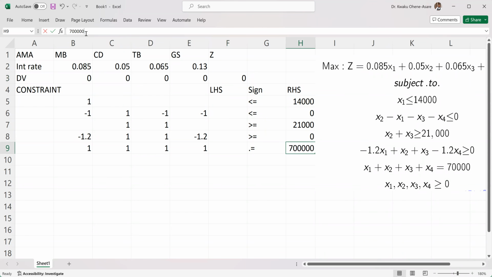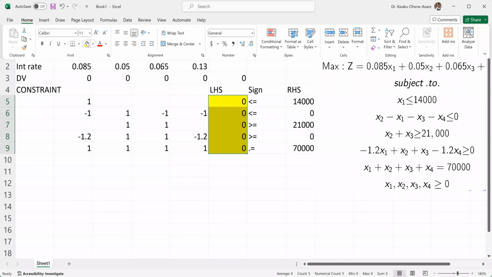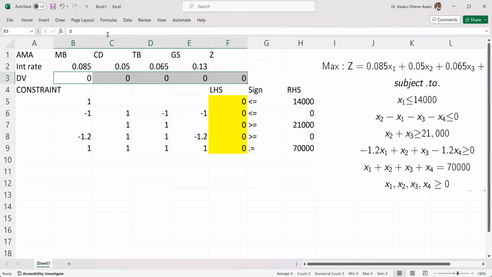Okay. And the left-hand side, you just take this formula here because we've applied the dollar symbol. Paste it here, you drag it all the way to here. And this formula is going to change. Everything here is going to change. And then, of course, everything here is also going to change.